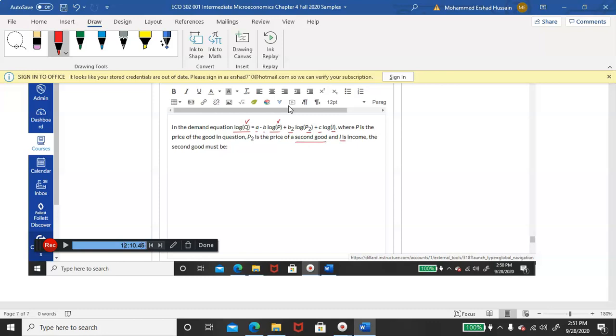So is the second good a complement or a substitute? That is what they are asking us.